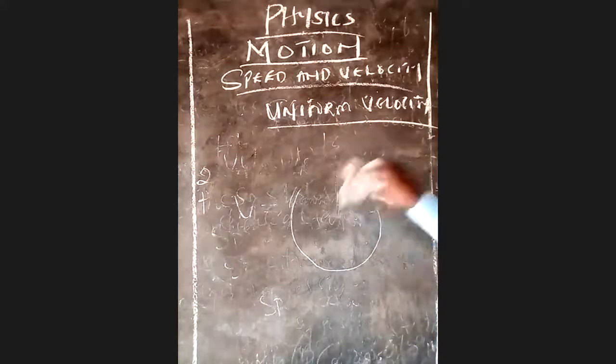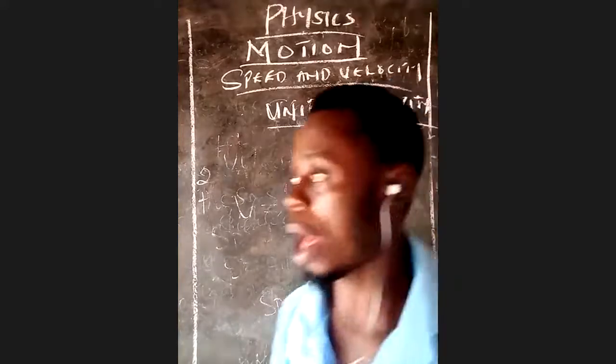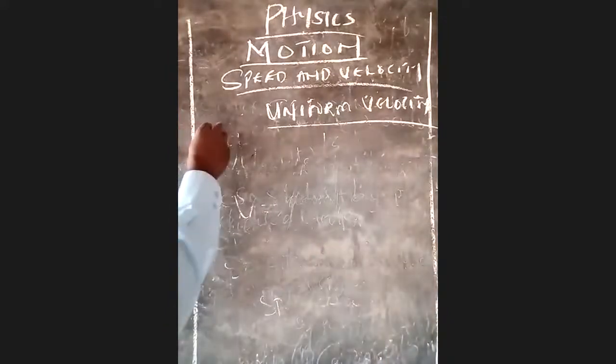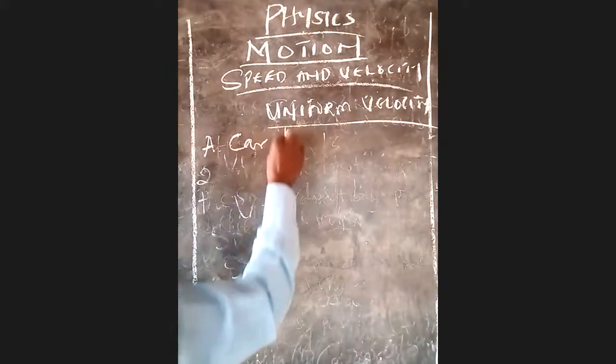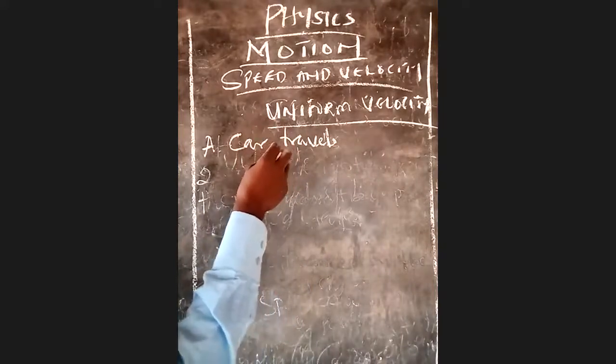Now, let's look into some little calculation. A car travels at an average speed of 100 kilometers per hour.